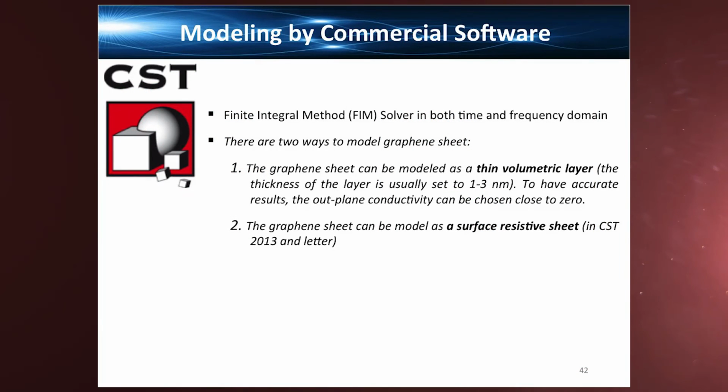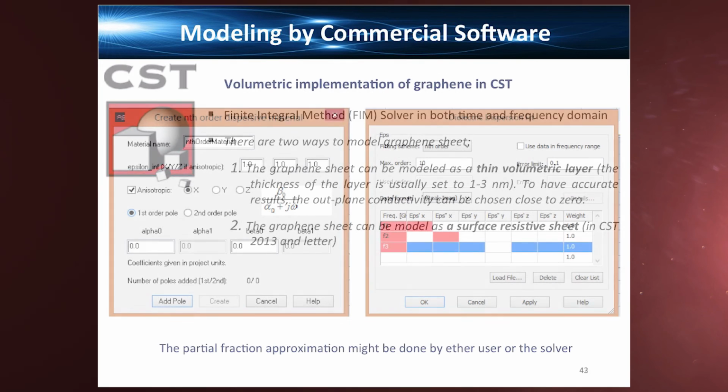In CST, the main solver is the finite integral method, both in frequency and time domain. And there are two ways for modeling graphene in CST. The first is volumetric implementation, and the second is surface impedance or surface resistive sheet implementation, which is possible in CST 2013 or later.